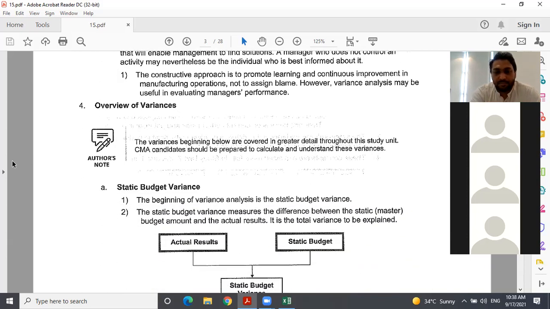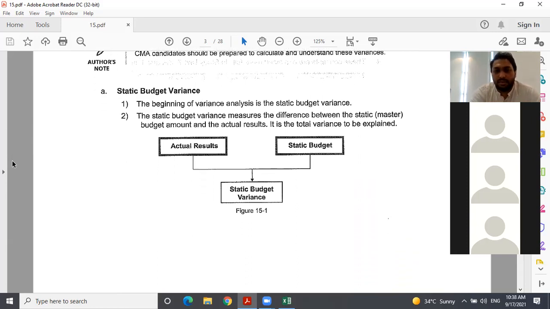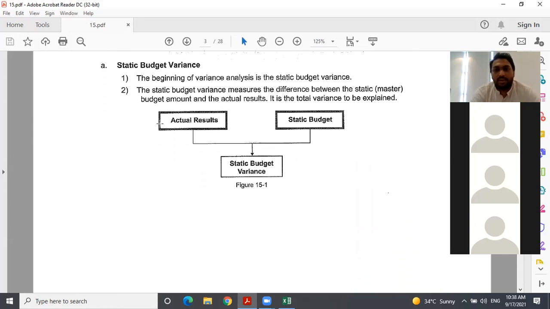Then, overview of variances, that is, static budget variance. Here, the beginning of variance analysis is the static budget variance. The static budget variance measures the difference between the static, that means the master budget amounts, and the actual results. It is the total variance to be explained. So we first take our static budget, the complete budget, and we compare it with our actual results.